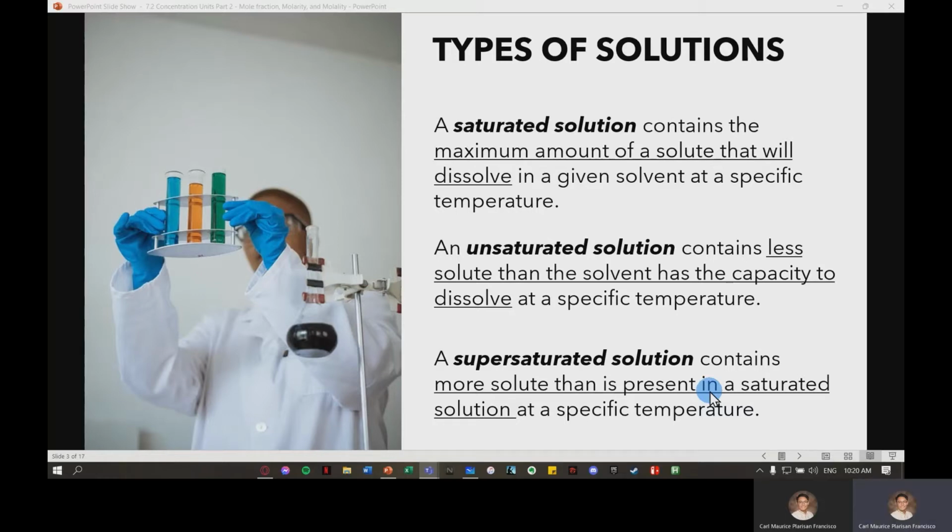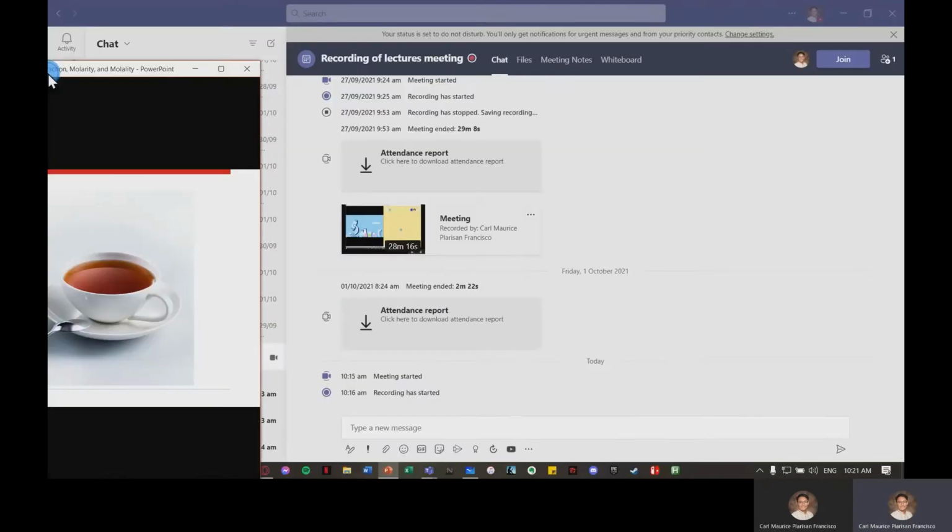Dahil 5 grams lang naman ang kanyang kaya, nilagyan mo ng 7, more solute than is present in a saturated solution, super saturated. More solute than is present. 5 grams of solute ang maximum ng halimbawa natin na solvent, na solution. Binigyan natin ng 7. Sobra. Super saturated.